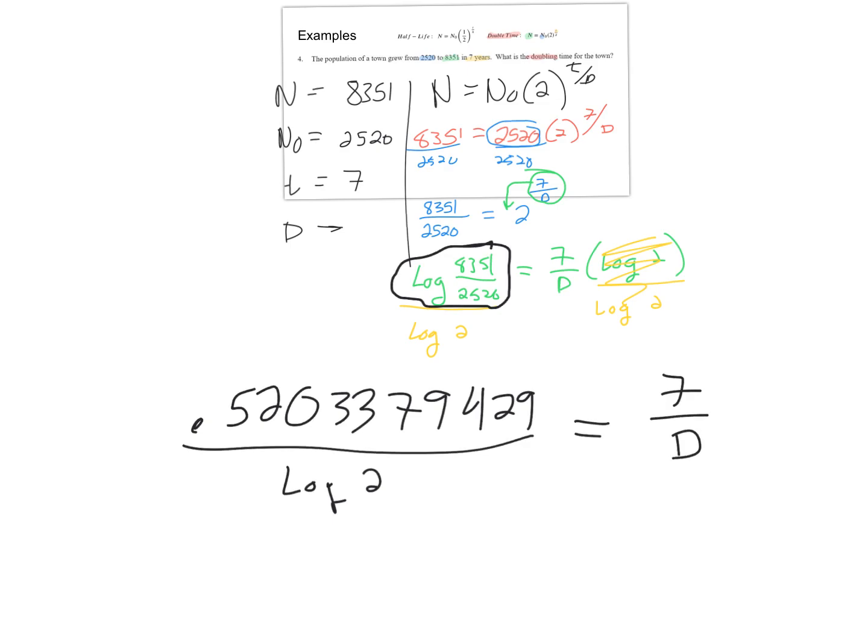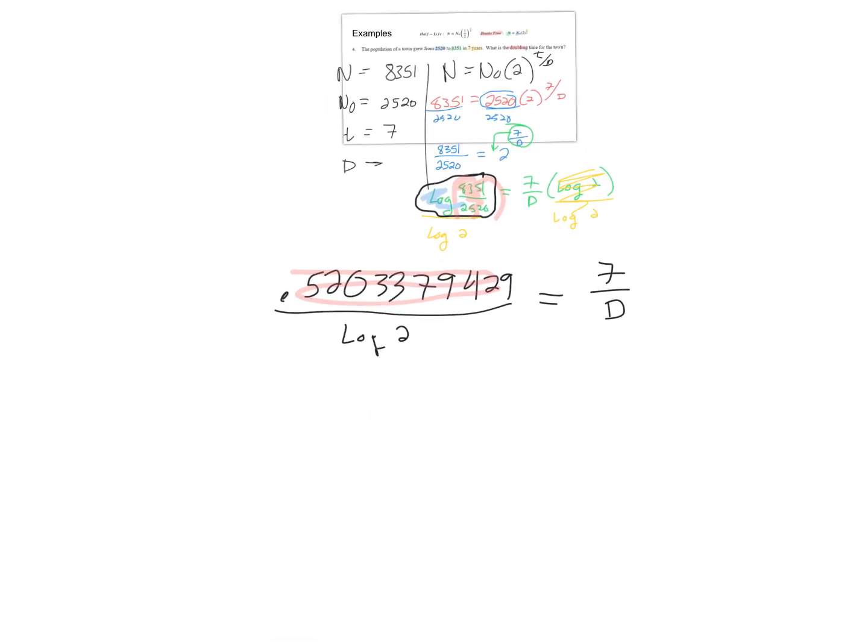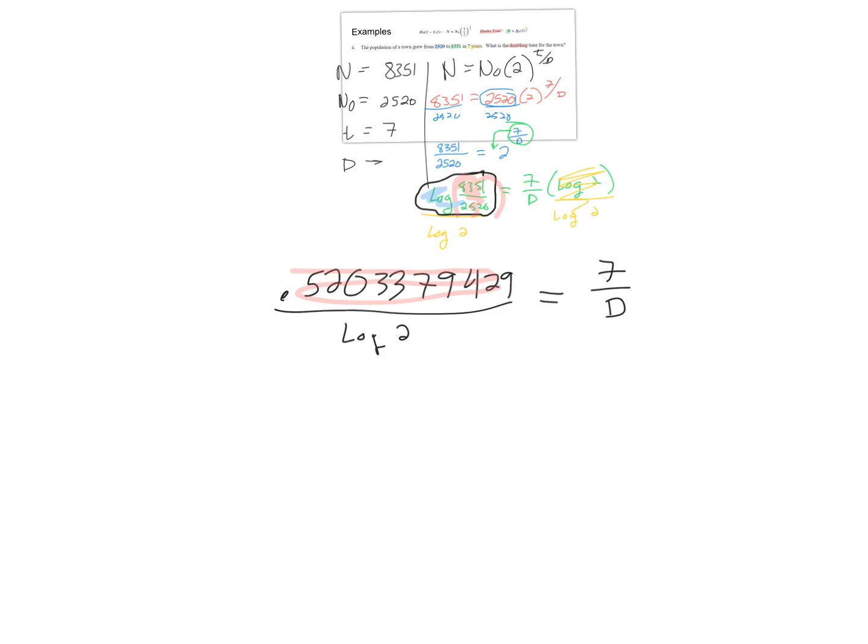Now, like I said, if you did not get this, you may have to type it in the backwards way. So you'd have to do parenthesis, this fraction here, hit the equals, and then after that, hit the log button, and you should get this decimal. Now, I'm going to shrink this down. Again, if you're still working on getting that decimal, please pause the video till you do so. All right, now I'm going to divide that answer by log 2.